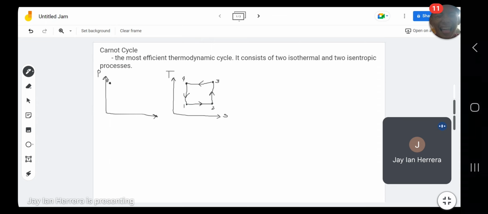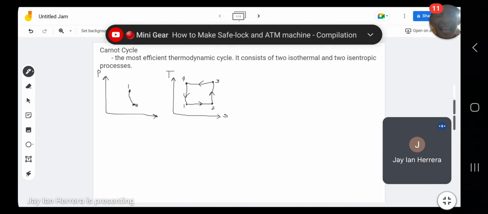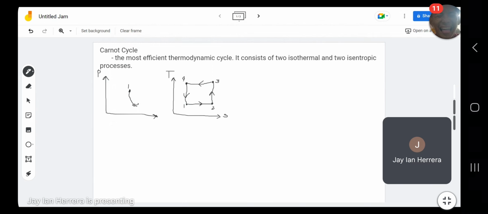So let's say this is our point 1. So this is our point 4 na lang. Okay, let's see here. So from here, it's our point 1. There's an adiabatic expansion here, this point 2.